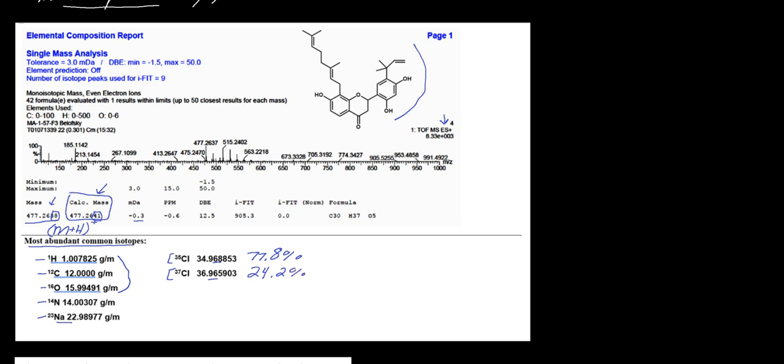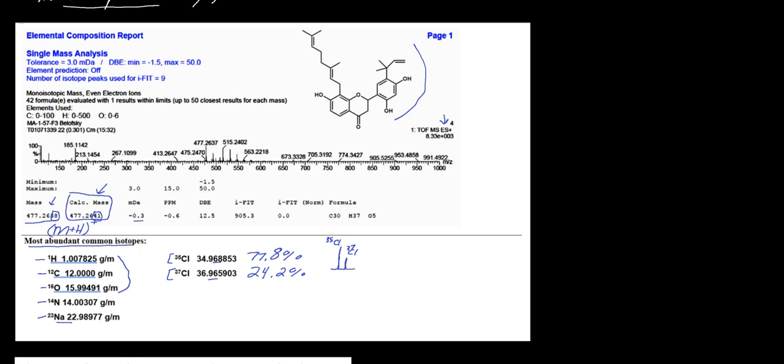So with chlorine, unlike a lot of elements, you'll get a peak for the 35, and then a space, and then a peak for the 37. So Cl 35, Cl 37, with that space in between them.